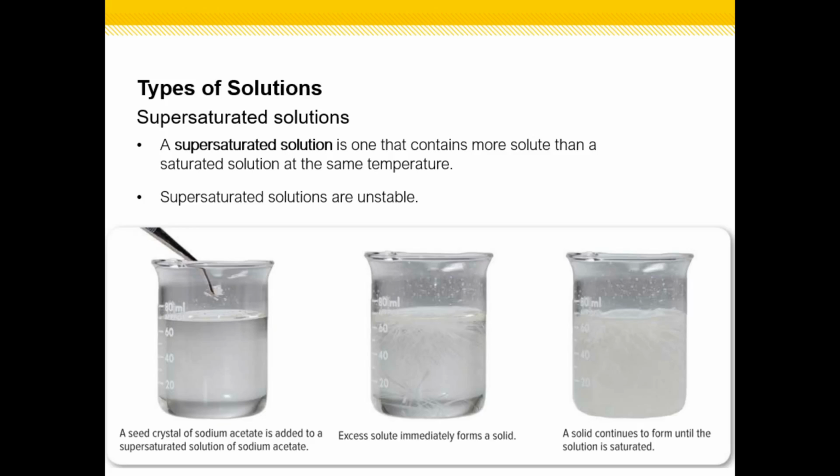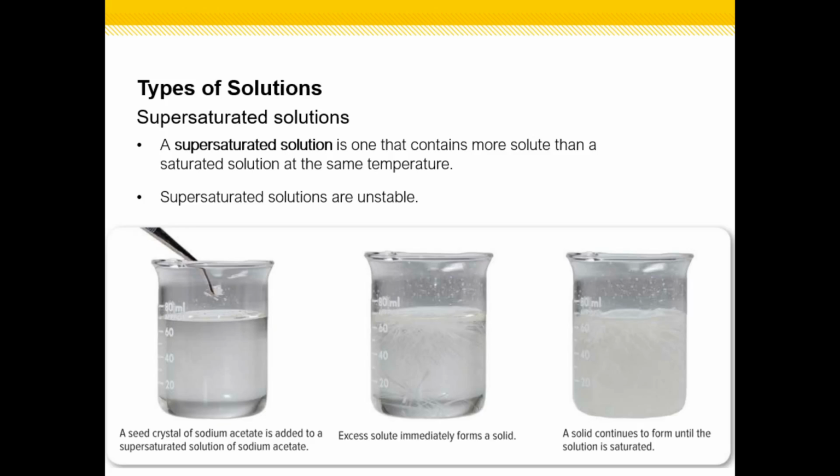It'll take 2, 3, 4, maybe 5 more spoonfuls of my substance. So I'm adding to the warmer solution until it starts to settle on the bottom. And I've saturated the solution at a higher temperature. A saturated solution at 20 degrees Celsius might take 3 or 4 spoonfuls, but a saturated solution at 40 degrees Celsius might take 8 or 9 spoonfuls.